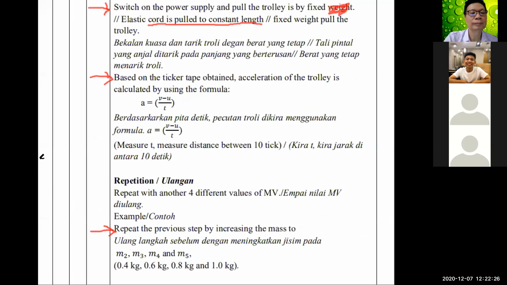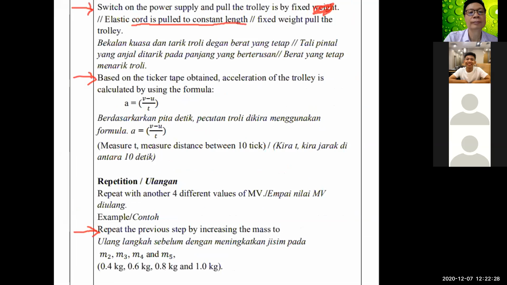Switch on power supply. Based on the ticker tape, acceleration is calculated using this formula. Then you say, last, repeat the experiment by increasing the mass to 0.4, 0.6, 0.8, 1.0 kilogram. That will be fine, okay?